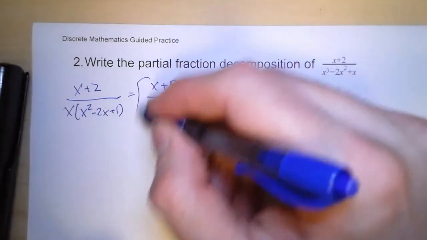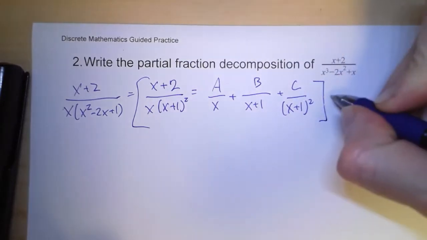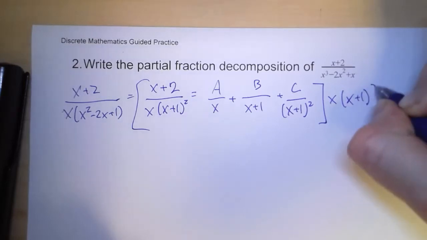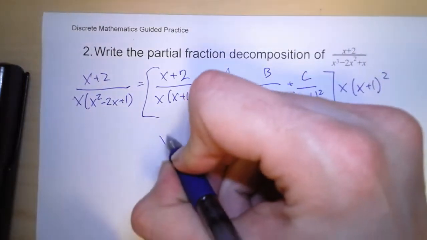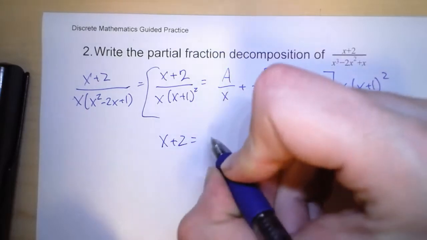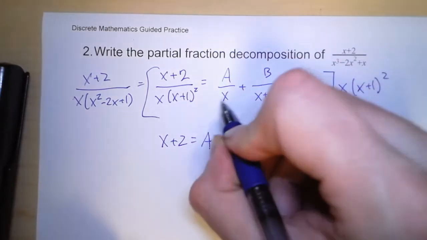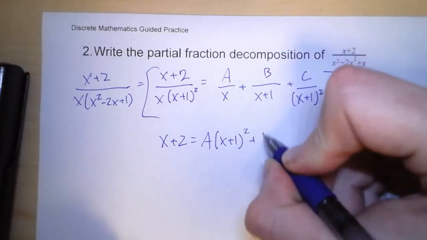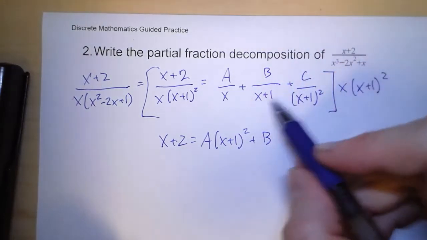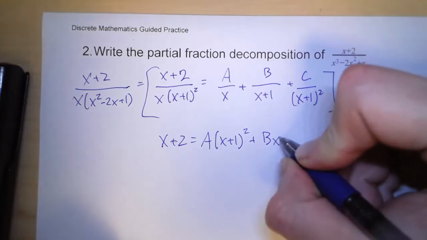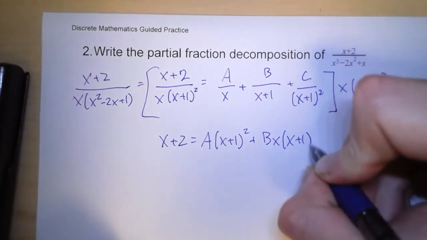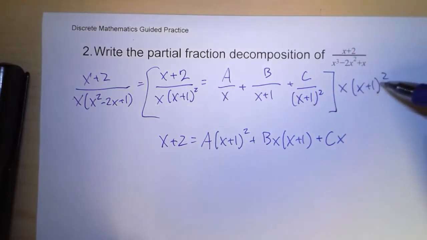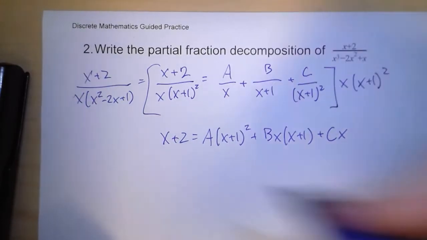So what we'll do now is multiply everything by this denominator, x times (x plus 1) squared. So we're left with x plus 2, and that equals, we're going to have a times (x plus 1) squared. We're going to have b. Now one of the (x plus 1)'s cancels, but it's going to leave an x and an (x plus 1). And finally, (x plus 1) squared cancels, leaving just x.